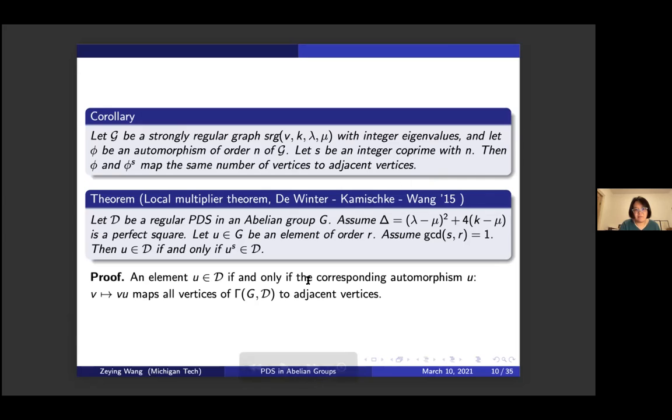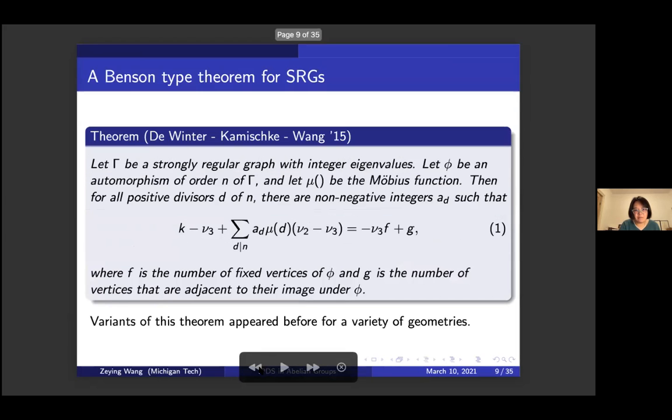This follows easily from the previous theorem. Okay, I can show you. So remember, phi and phi to the s are both automorphisms of the same graph. So on the left side of equation 1, everything has the same values. And phi and phi to the s have the same number of fixed vertices, so the F value is the same too.